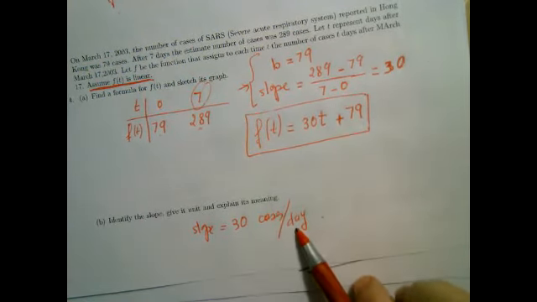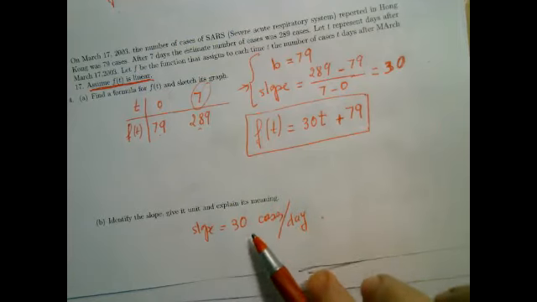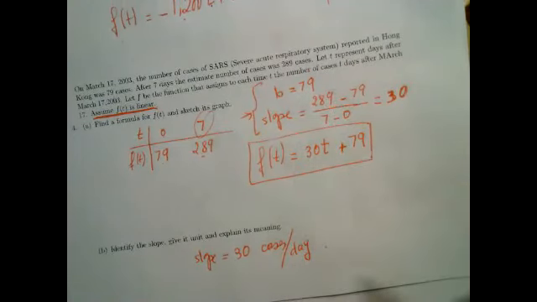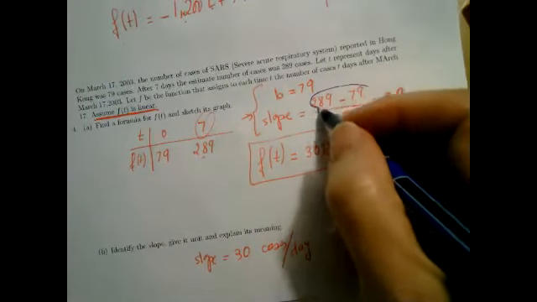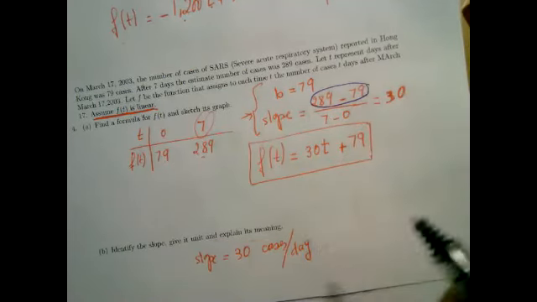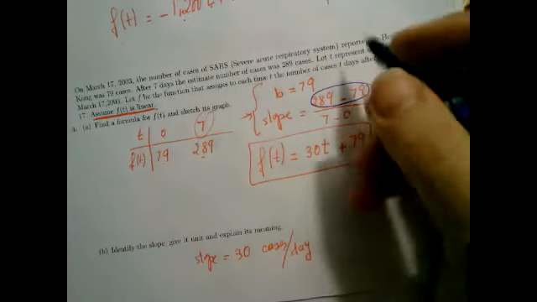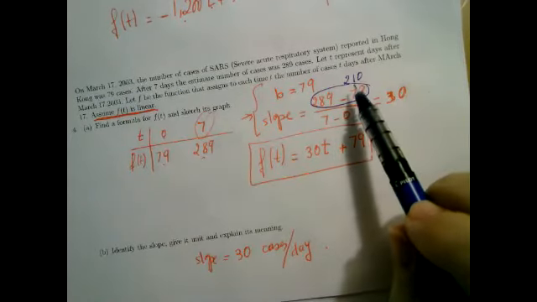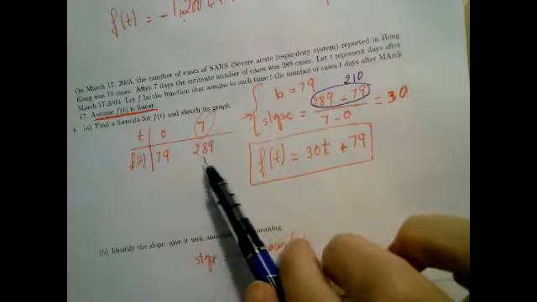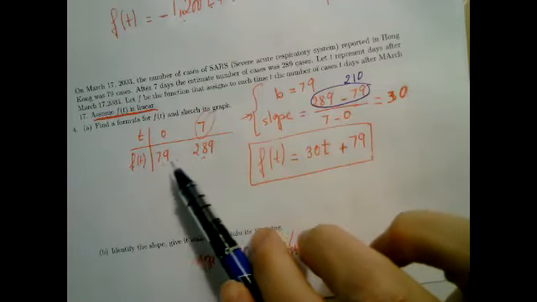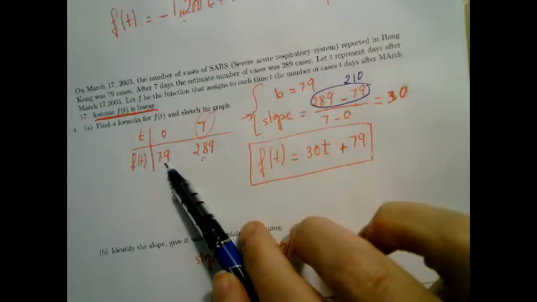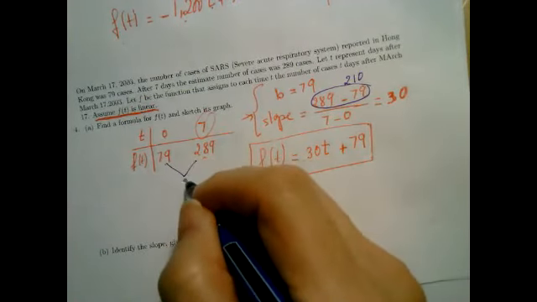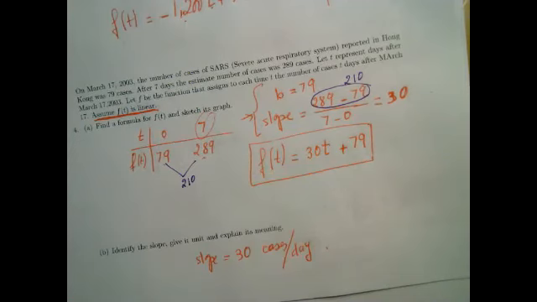It's what happened in 1 day. Watch how we got the slope. We computed this difference and got 210. What does this 210 tell me? It's the jump in cases between t equal to 0 and t equal to 7. From here to here, we have an extra 210 cases.